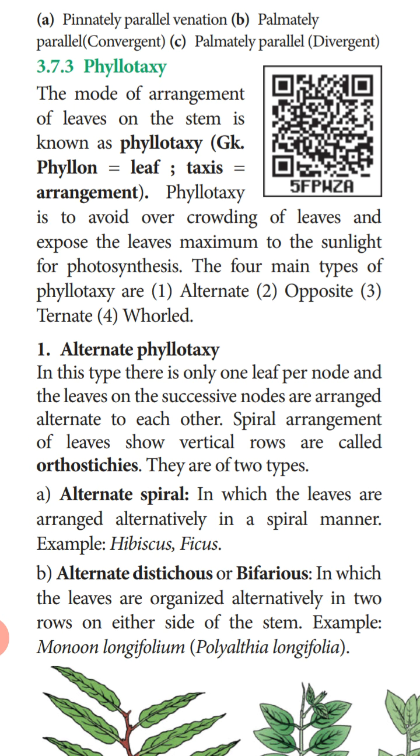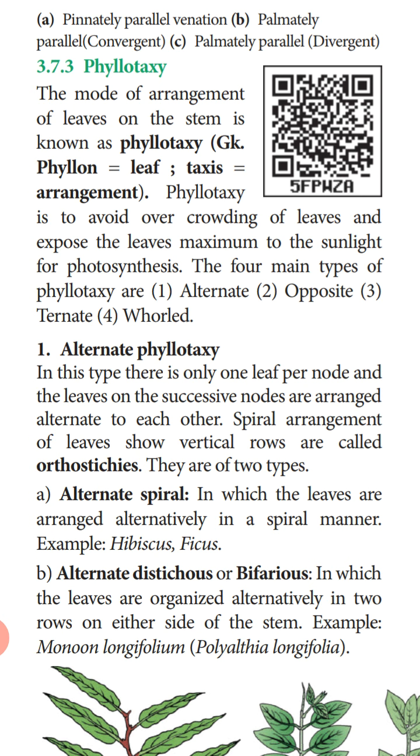Alternate distichous or bifarious, in which the leaves are organized alternately in two rows on either side of the stem. Distichous means the leaves are present on two sides of the stem, say in two directions, north and south. At the first node the leaf is present towards the north. At the successive node the leaf is present in the south.